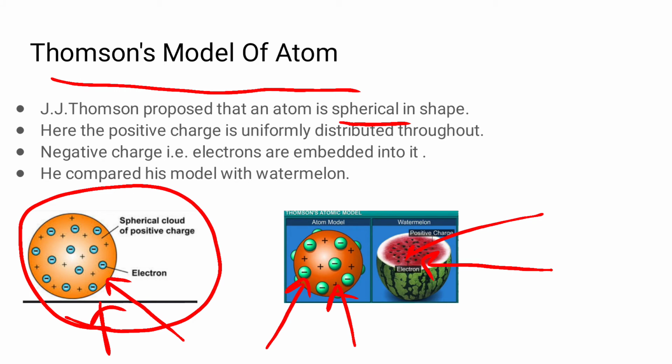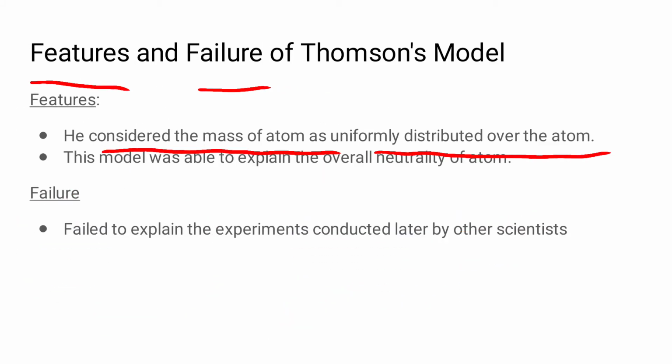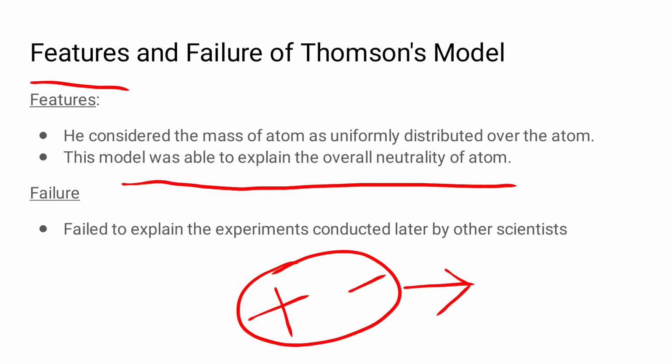This was his first assumption. Now, this model was able to explain the overall neutrality of the atom, because the positive and the negative charge were equally spread, so the atom was considered neutral as a whole.